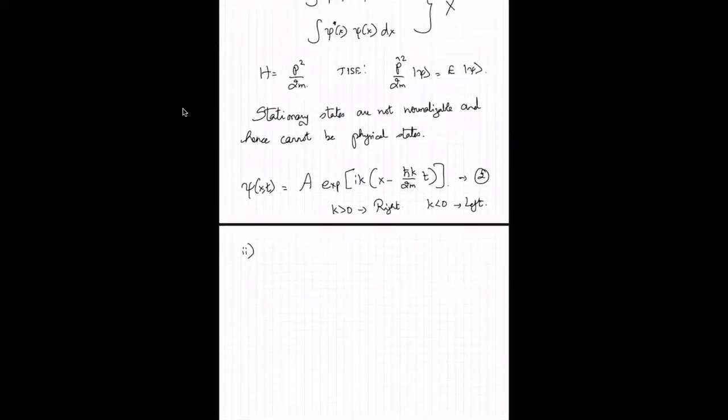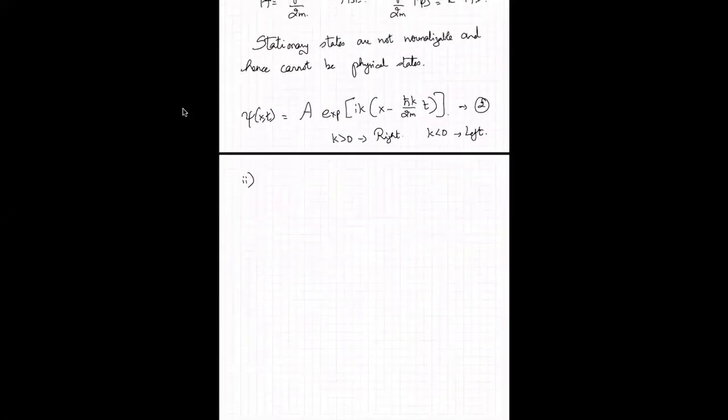For now, I want to highlight one other small point. Look at the solution. It's obvious that whatever multiplies t is the velocity, right? This guy is the velocity. But what is the velocity? The velocity is h bar k over 2m.